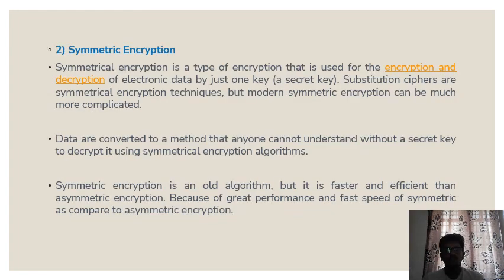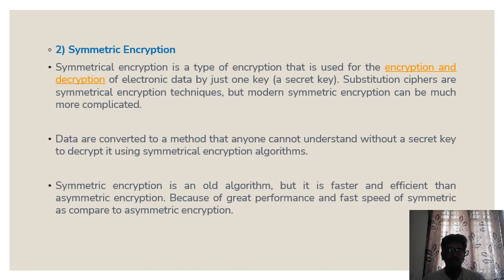Coming to another method, symmetric encryption. Symmetric encryption is a type of encryption that is used for the encryption and decryption of electronic data by just one key. Substitution ciphers are symmetric encryption techniques, but modern symmetric encryption can be much more complicated.